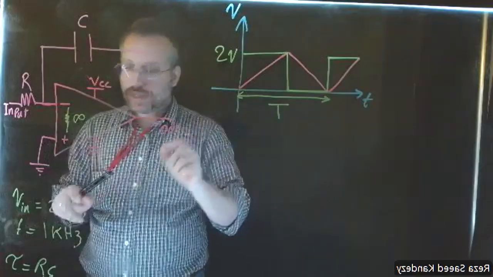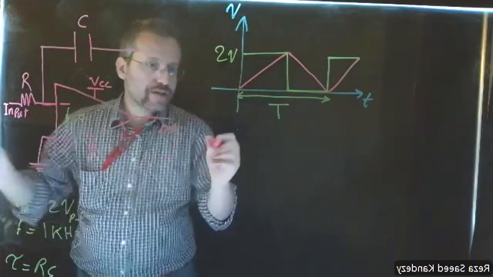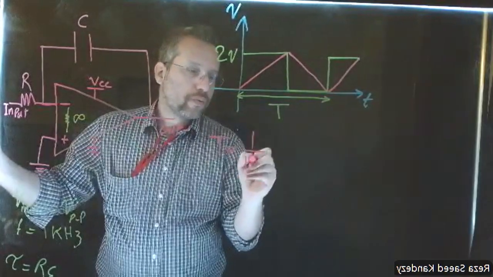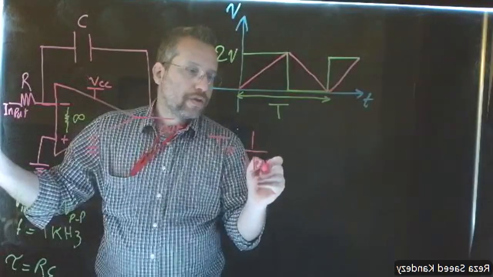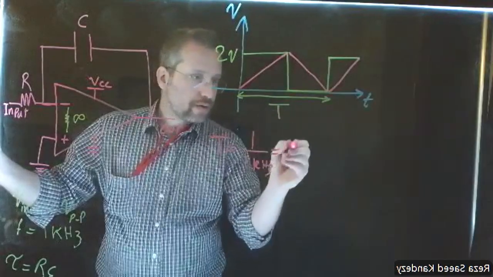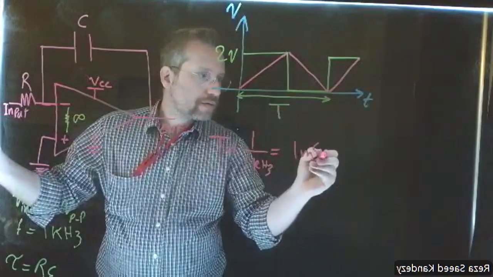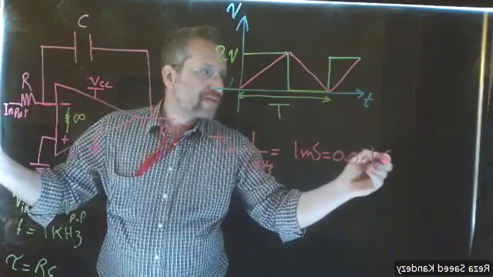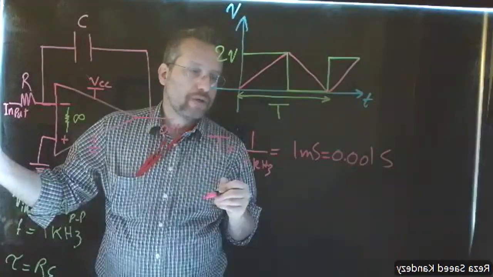Now, we said the frequency is 1 kilohertz. That means the time period is 1 over 1 kilohertz, which is 1 millisecond or 0.001 second. Are we good?